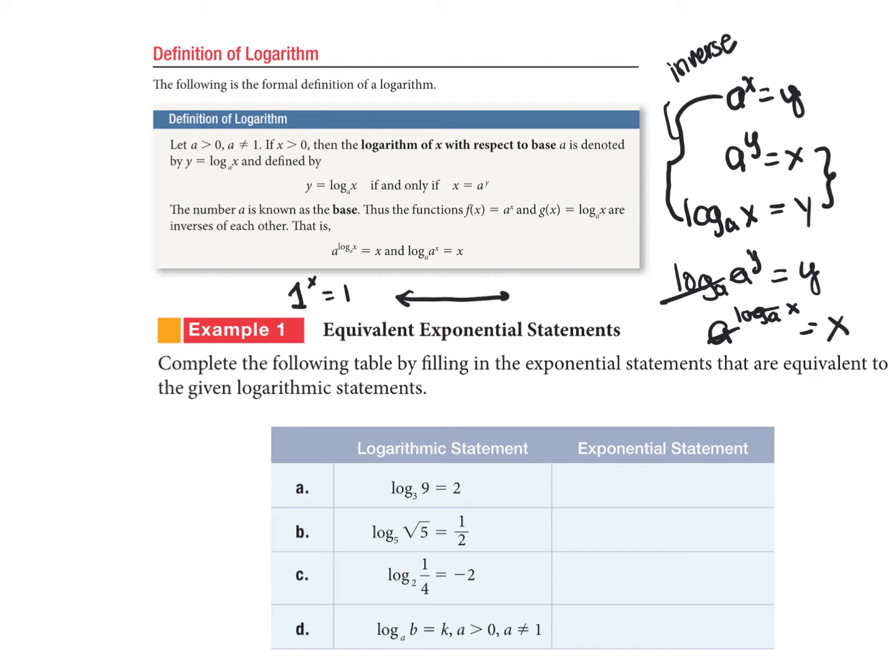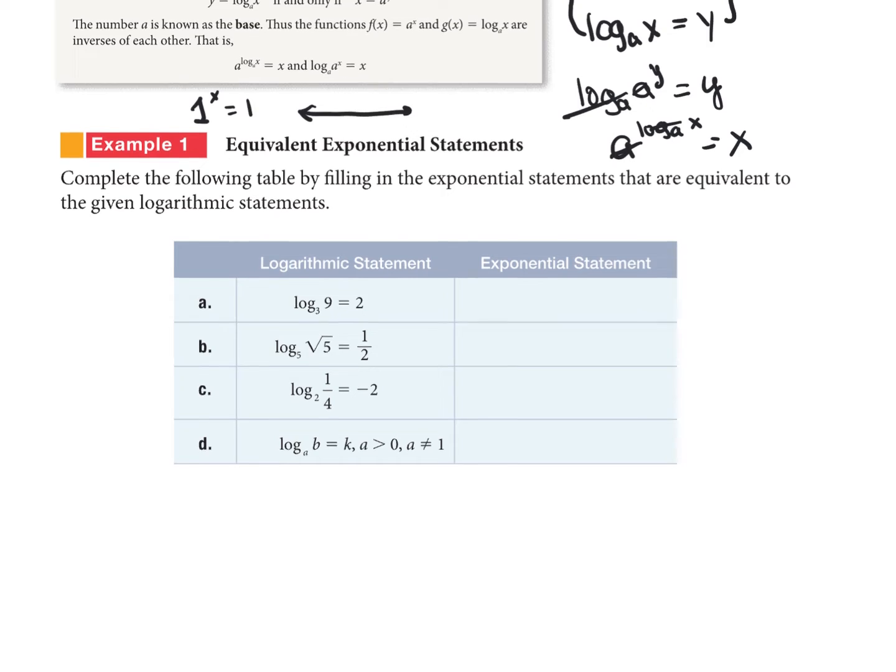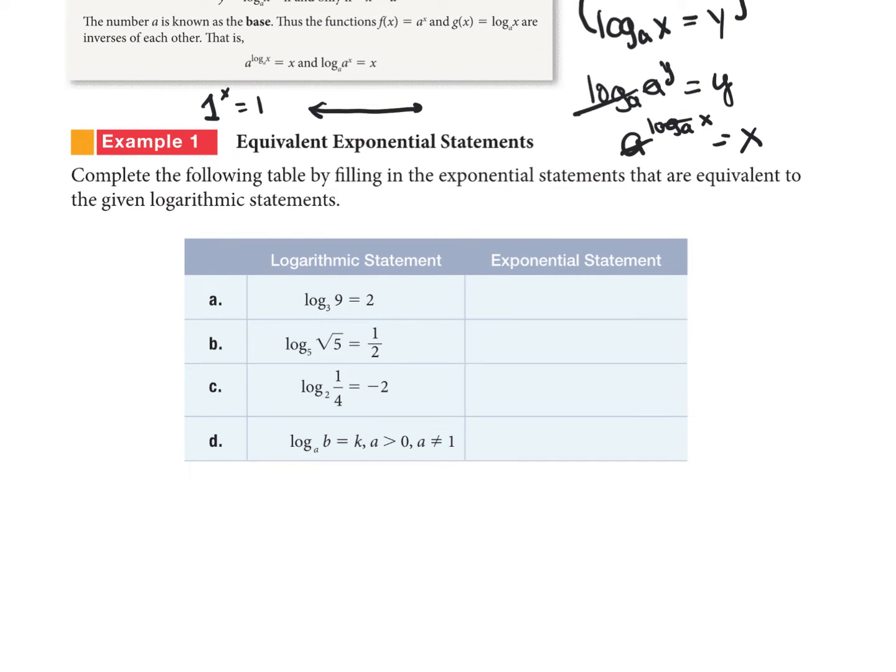Right. So let's take a look at how we would rewrite these using our newfound knowledge. This exponential statement would say this base 3 raised to this power equals this number. True. This base 5 raised to this power 1/2 is equal to this number.